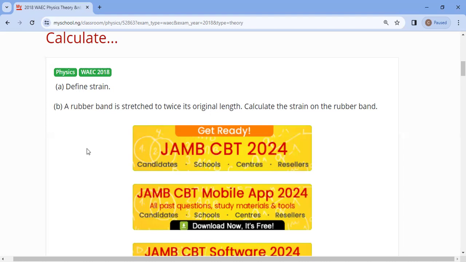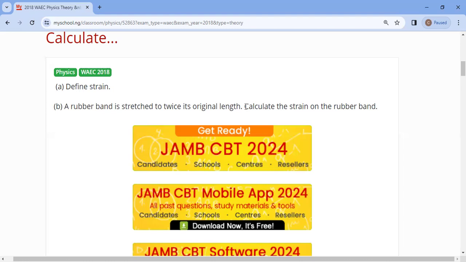Now, the next question says, a rubber band is stretched to twice its original length. And they now ask us to calculate the strain. First of all, what is the formula for when you want to make a calculation in physics? You need to know the formula first.